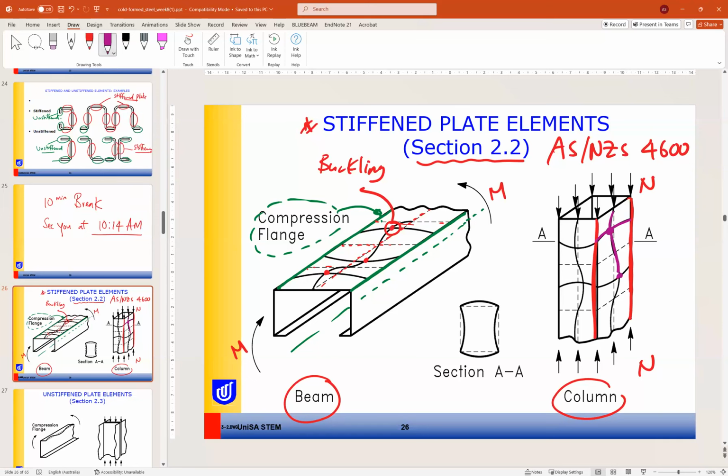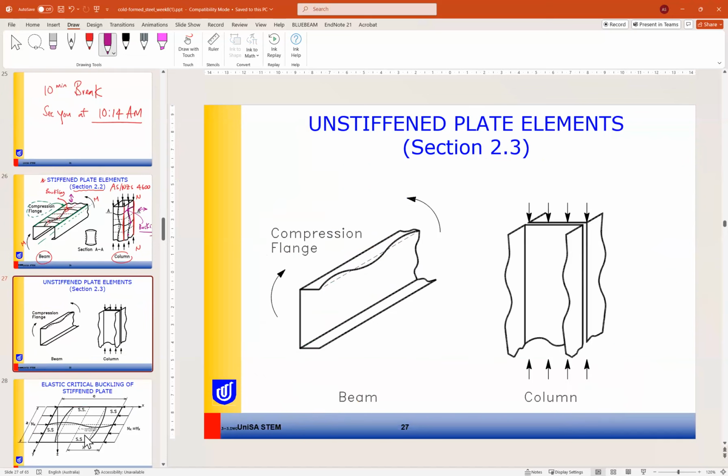So these points can move or buckle because they are free to move right and left in this case, here up and down in this case. So this is how the buckling will look like for a stiffened member.